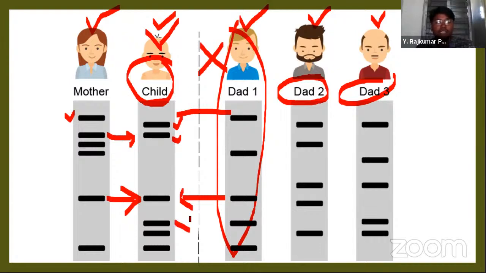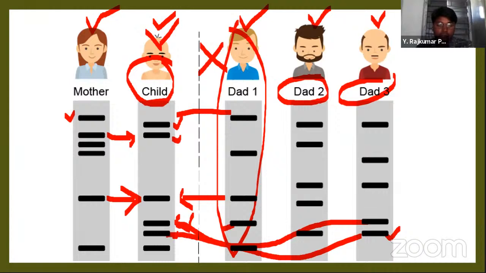Next you can see this band may be obtained by dad number 1 or dad 3. Okay, and you can see the next band is also matching with dad number 3. Right, and the last band may be taken from the mother.